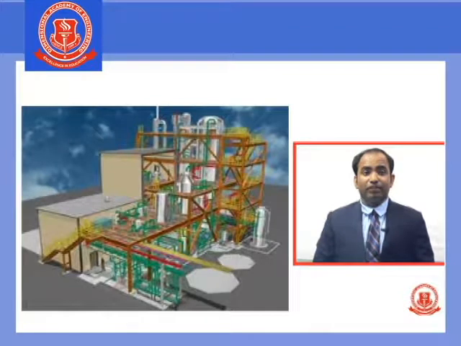Let's have a look at the plant piping. In this diagram we can see the sulfuric acid plant model with all the piping arrangement. It shows the equipments connected to the pipes, and the equipment building and surrounding piping.